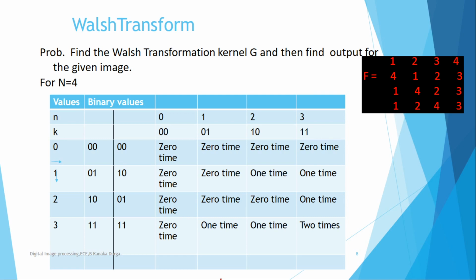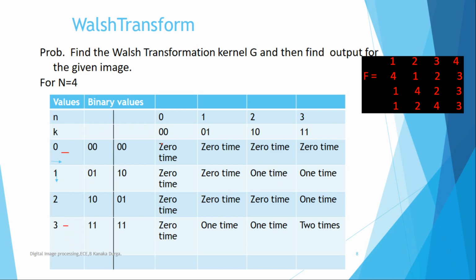We have to find the small n value. Small n ranges from 0 to capital N minus 1, which is 4 minus 1, that is 3. So the n value ranges from 0 to 3. Next, the k value also ranges from 0 to 3.